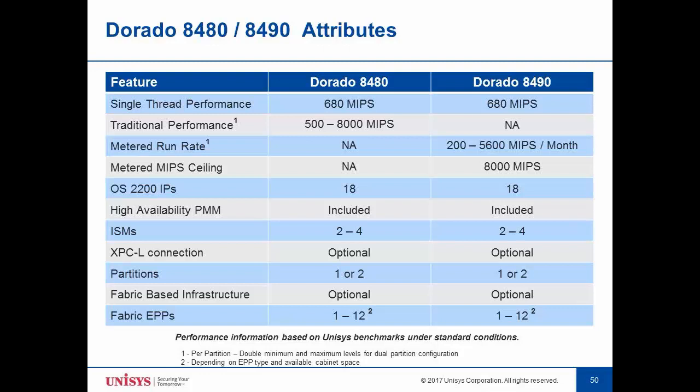For the traditional model, a fixed level of 8,000 MIPS is the high end you can actually buy a license for. For the metered capability, you can contract up to 5,600 MIPS a month per partition with an 8,000 MIPS ceiling. And those levels of performance are provided through an 18 IP configuration.